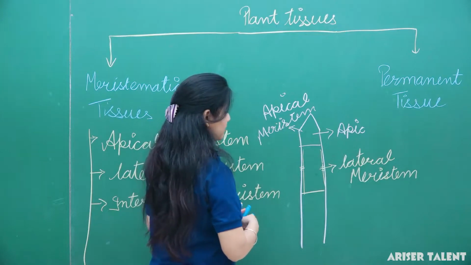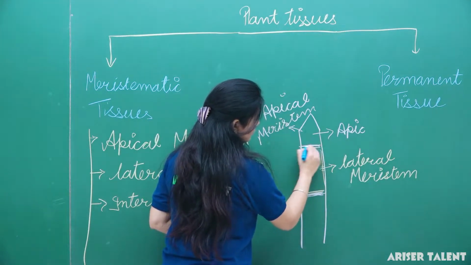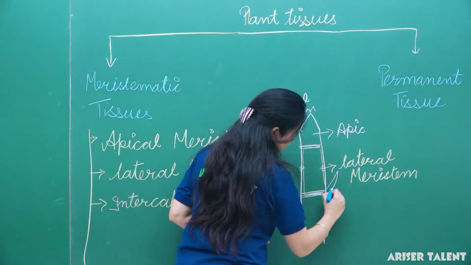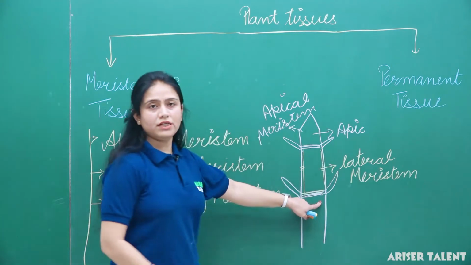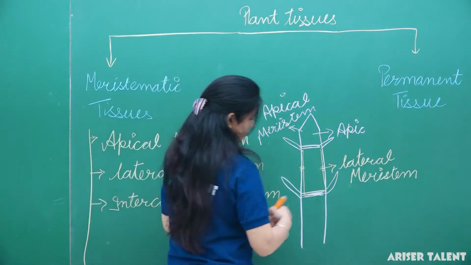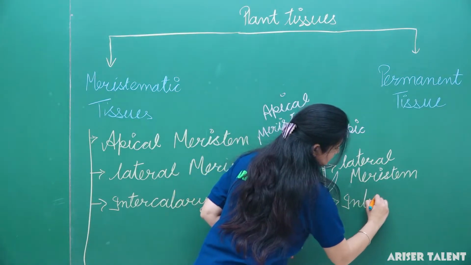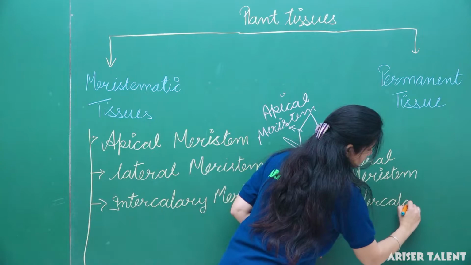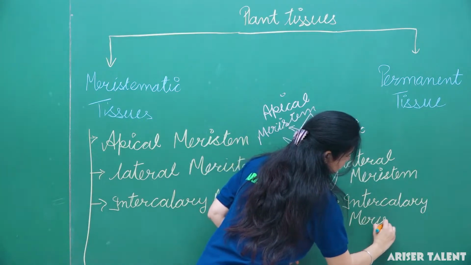And here in the spaces of nodes where the leaves grow, at the base of the leaf or at the base of the internode, these intercalary meristems are found.